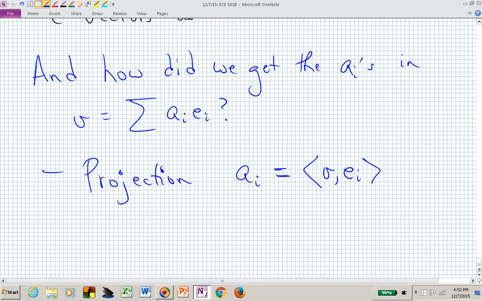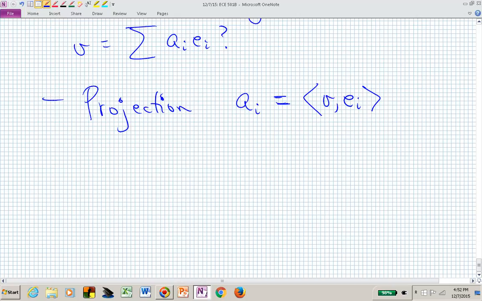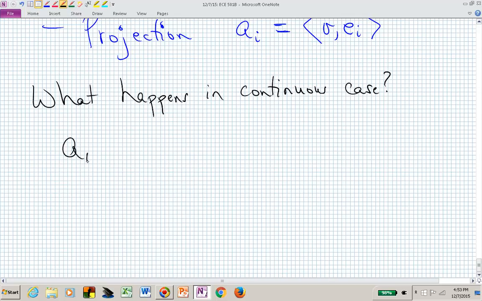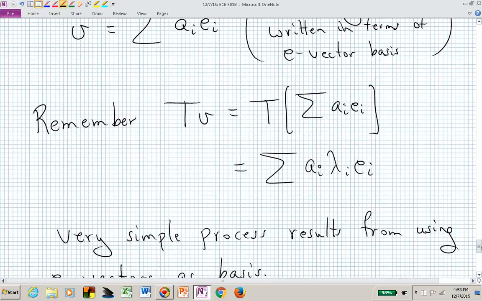What happens when we go to the continuous case? Instead of now having these vectors e sub i, we have eigenfunctions. What happens in the continuous case? So that now we say, remember what the a's might be.